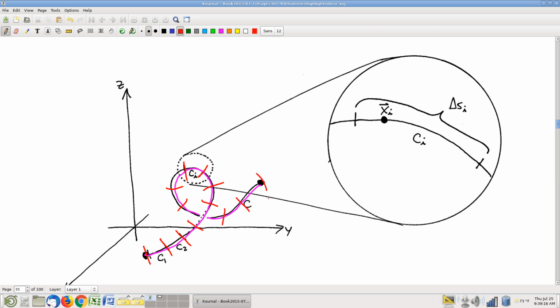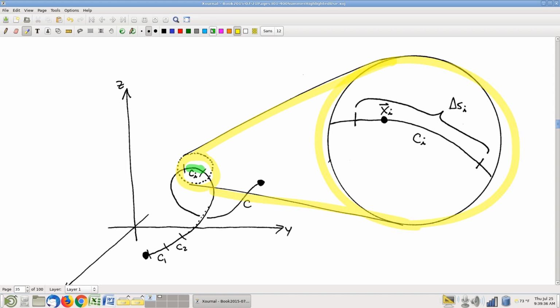And then look at the mass on each one of those little pieces, and then add up those individual pieces of mass. Now let's draw our attention to this one little piece here. This is a little bit too small to deal with, so just for visual purposes, I'm going to magnify it, blown up like that.